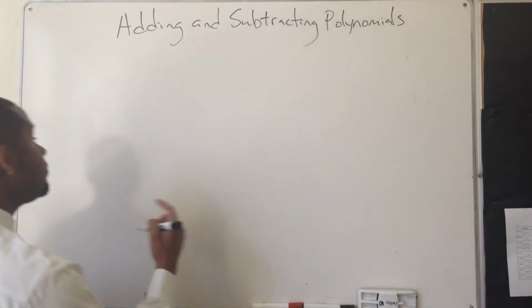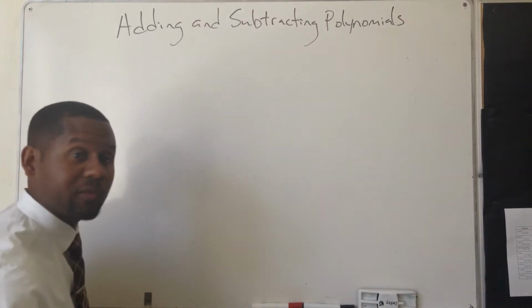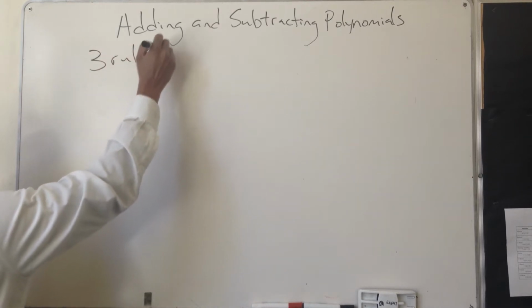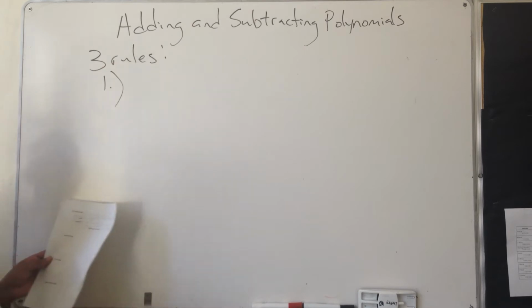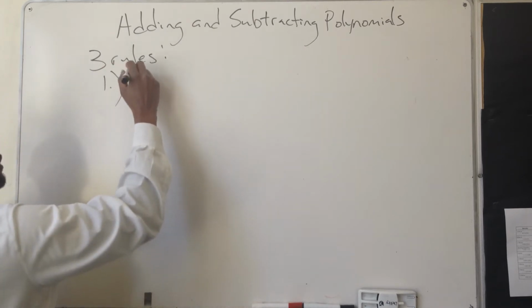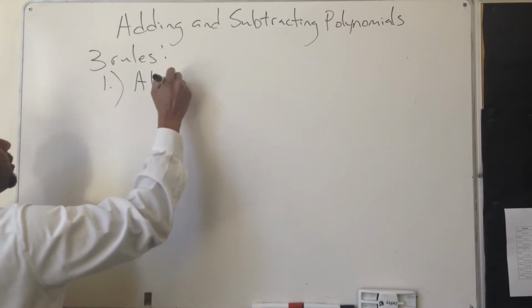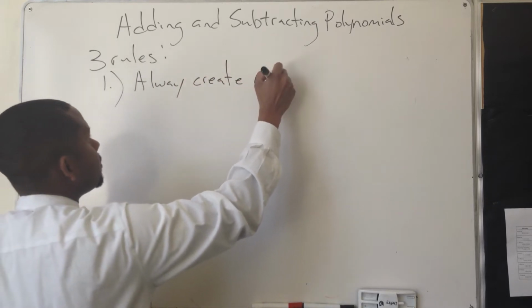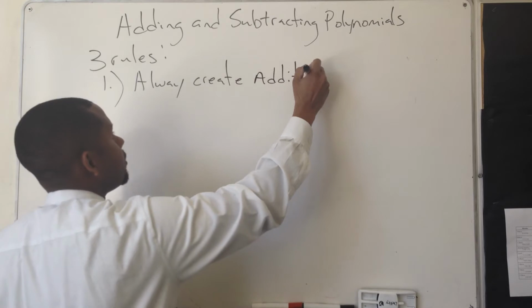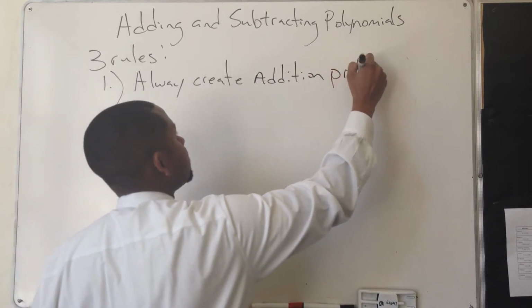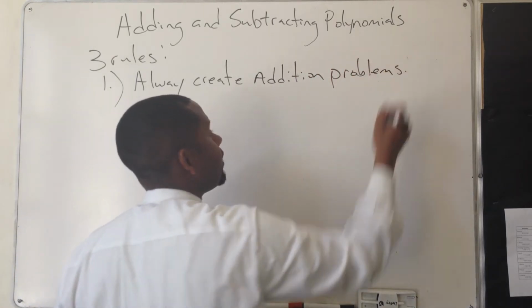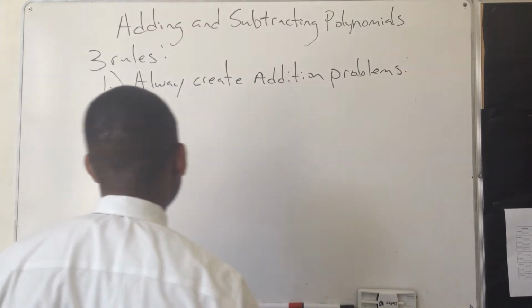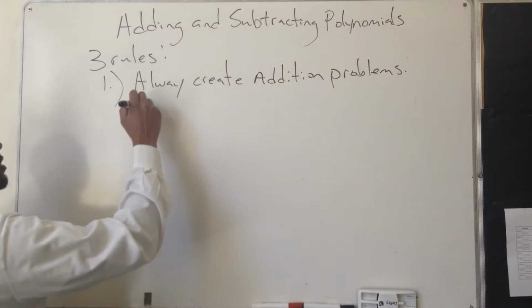There are 3 rules you got to remember, so we're just going to write this down first. First one is always create addition problems. If you have a subtraction problem, you're going to distribute through to make sure it turns into addition.